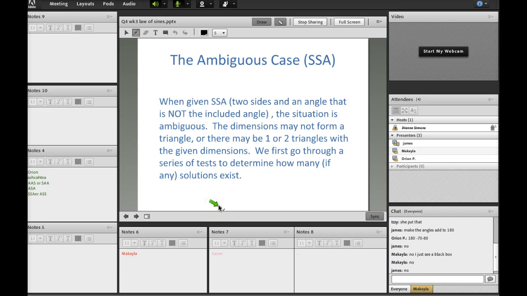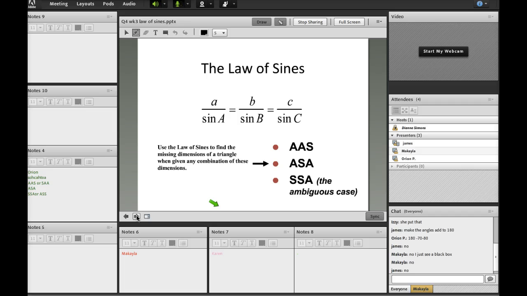The situation is ambiguous, and by that we mean that the dimensions may not form a triangle, or there could be one or two triangles, not just one, there could be two. All right? So we're not going to do anything like that in this course. When you get to core 3, you will do ambiguous cases, so that's the fun that you have to expect in core 3.